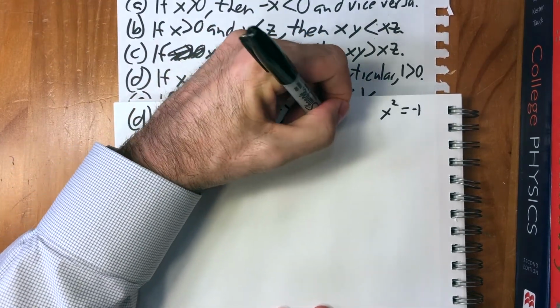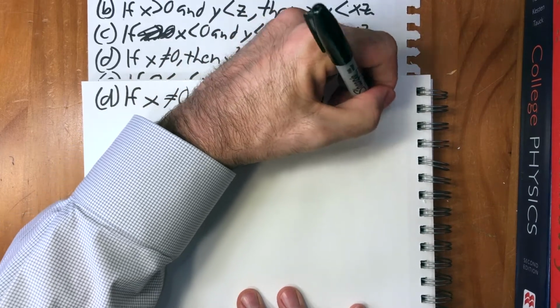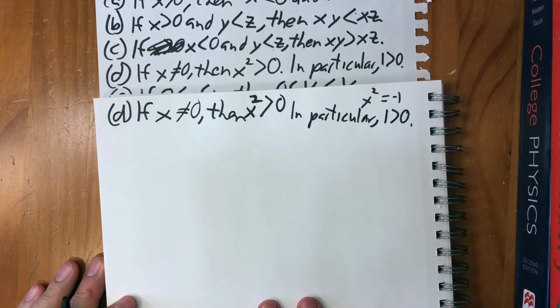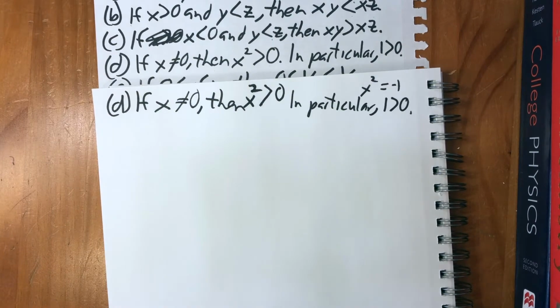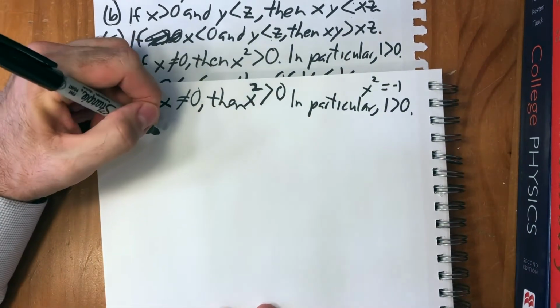So if x does not equal 0, then x squared is greater than 0. In particular, 1 is greater than 0. Okay. So we're going to look at this when x is greater than 0 and when x is less than 0.